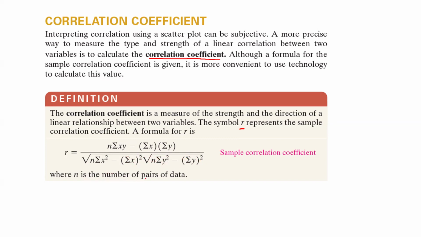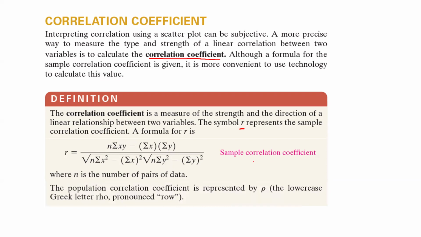N is the number of pairs of data. So for a little bit, we're going to use paper and pencil to do the calculation for R. Then we're going to use technology to see how we put the data into our either software or calculator and do the calculation.